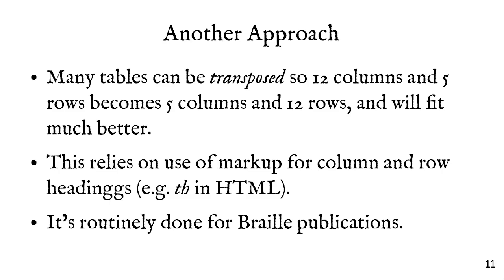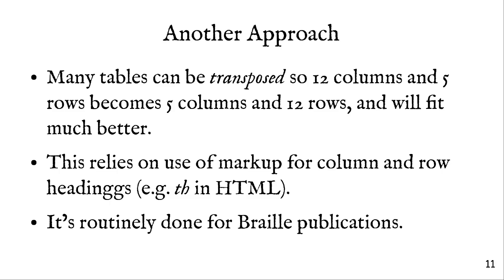Then what was a header for each column now becomes a header for each row, and if there were headers on the rows, those now become column headers, and the table will fit much better. This relies on the use of proper markup for column and row headings, so TH in HTML. I like the spelling of headings.